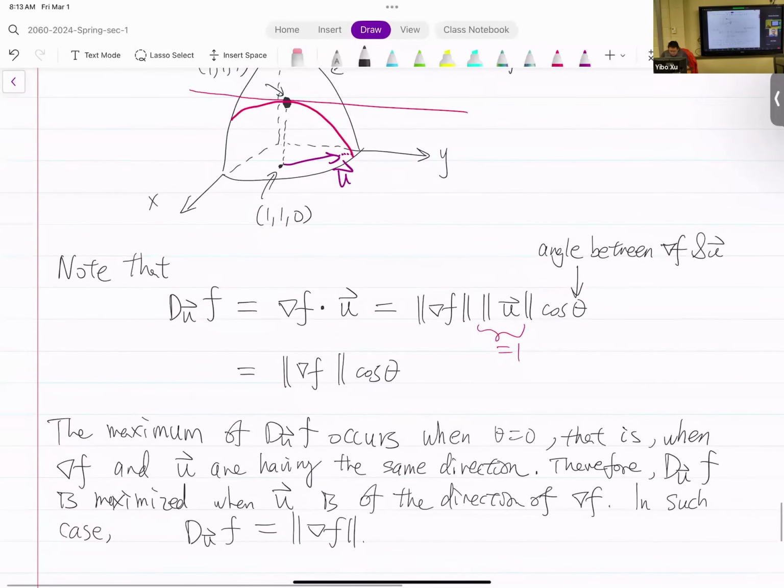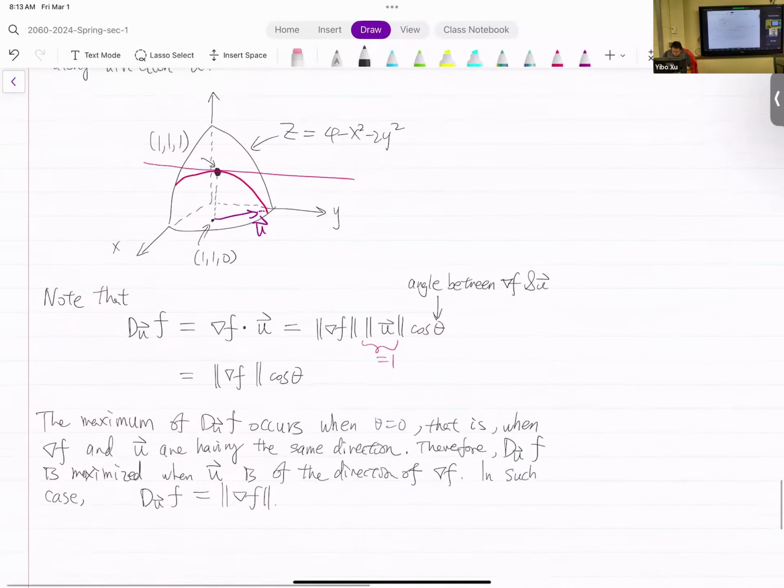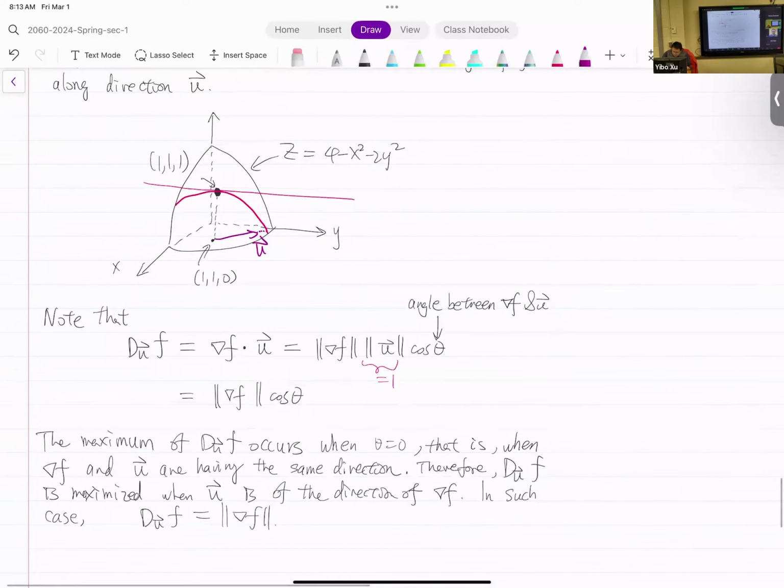So basically, if you think about that vector as the gradient for this function, let me zoom out a little bit. This is actually negative 2x, negative 4y as the gradient vector, and at 1, 1, you just have negative 2, negative 4, right? That is exactly this direction. Now if you go along this direction, you're going up the hill, and it looks like the slope is the steepest, right?